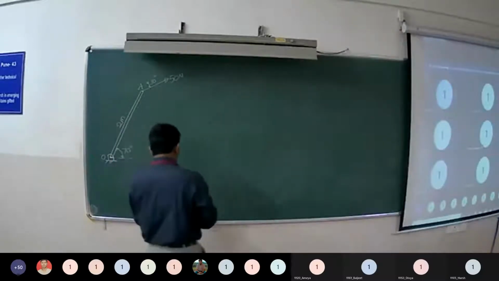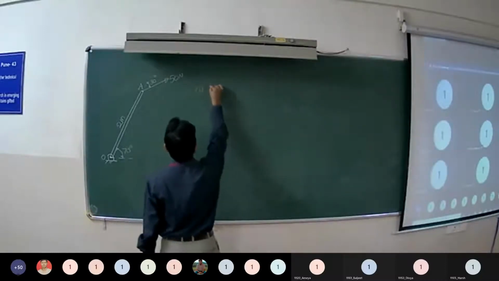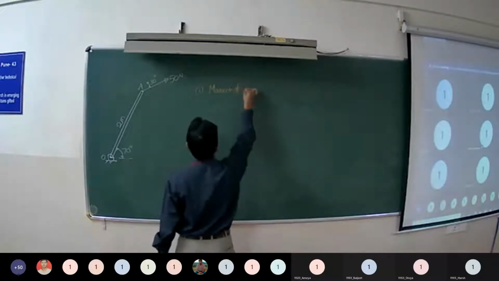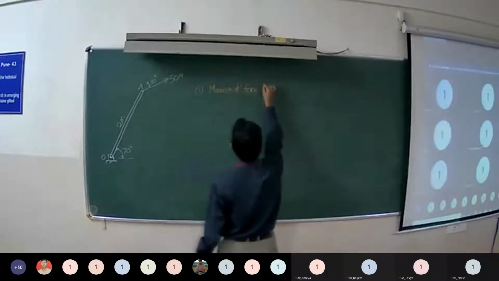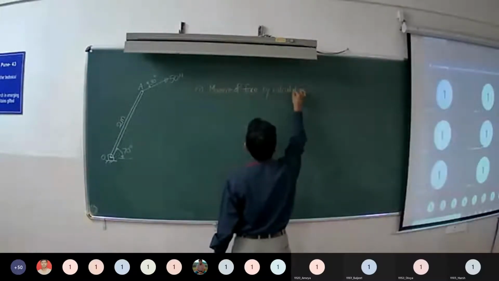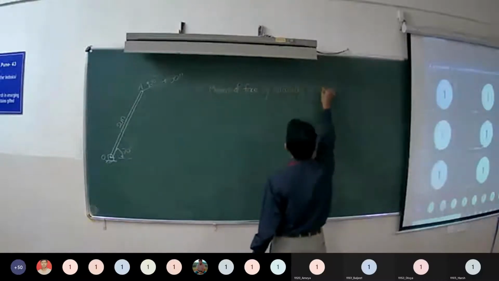So the first, we are going to find the moment of force by calculating the perpendicular distance.